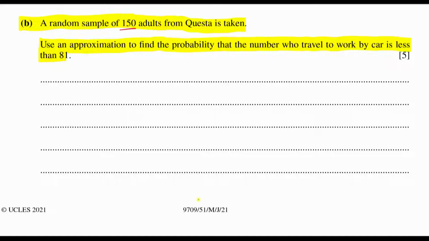So here the new n is 150, and the success probability in the case of traveling to work by car was 0.6. For the approximation with the normal, we require mu and sigma squared. Mu means mean, and in the case of binomial it is np.